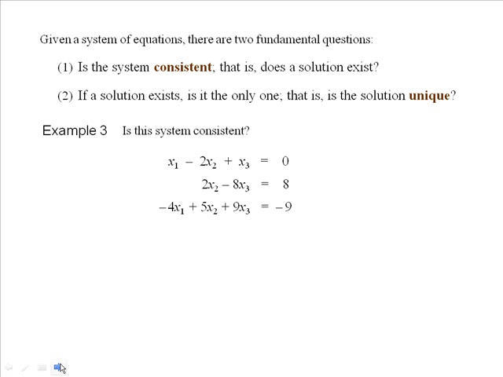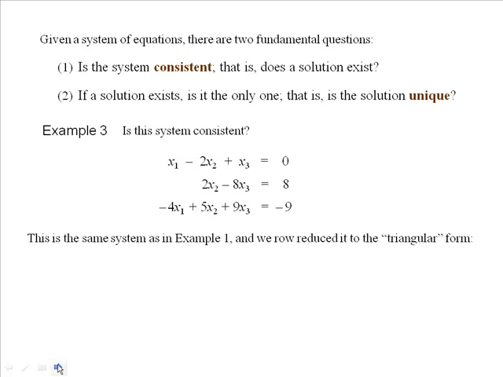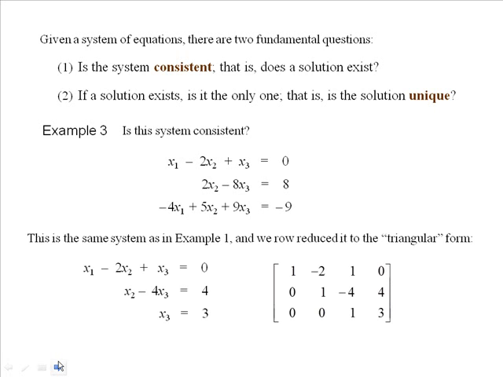Is this system consistent? This is the same system as in example 1, and we row reduced it to the triangular form. This is before we finished solving. This was about midway through our work.